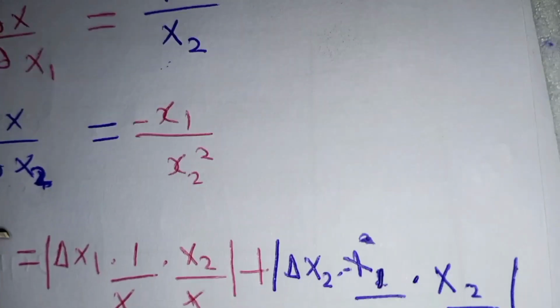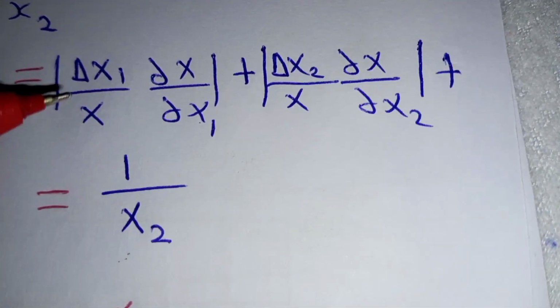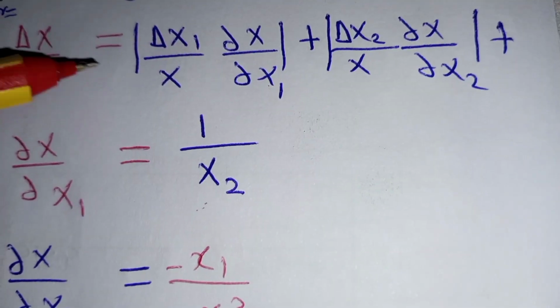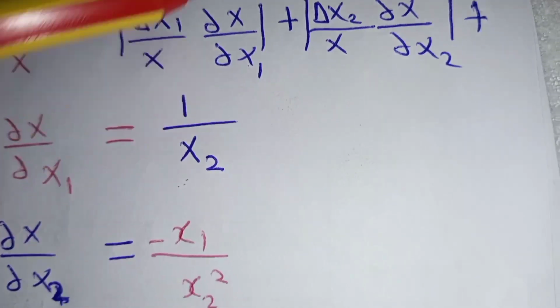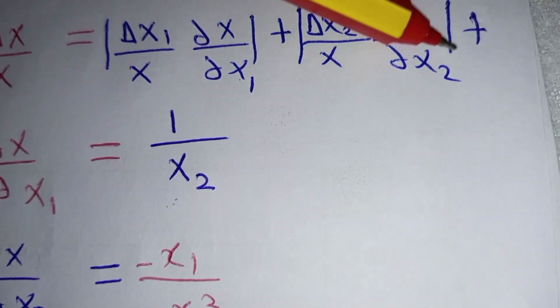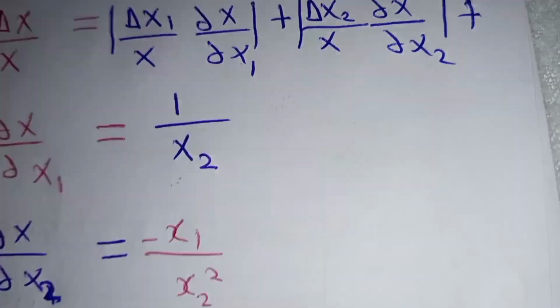Then we substitute in this formula here. We substitute the partial of X with respect to x1, and we also substitute the partial of X with respect to x2 to obtain the following.